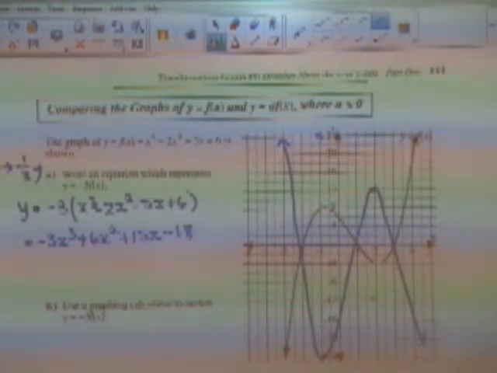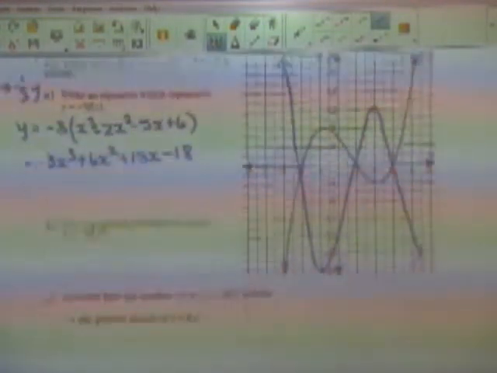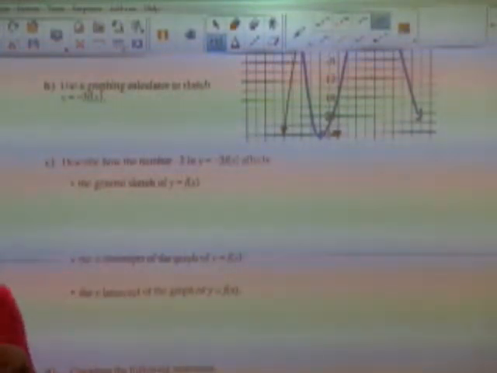And that's what your calculator gave you. But now we have a better understanding of why the calculator gave us that. Because what we had says, describe how the number negative 3 in the equation y equals negative 3 f of x affects the general sketch.